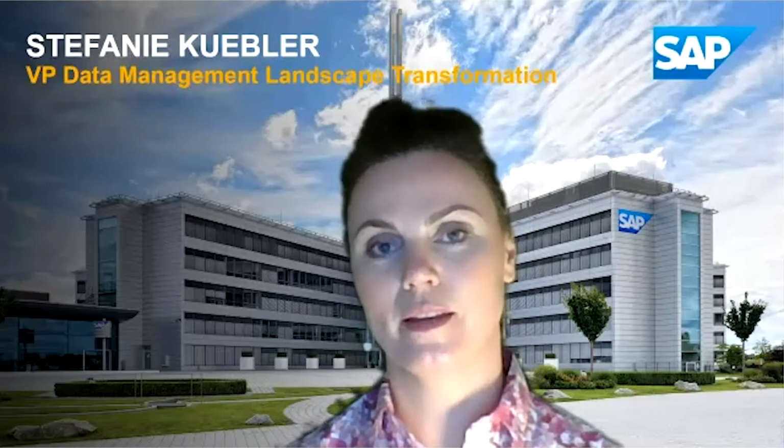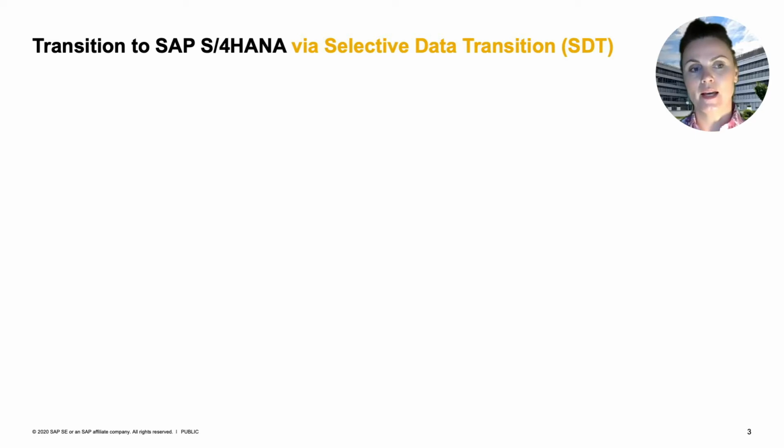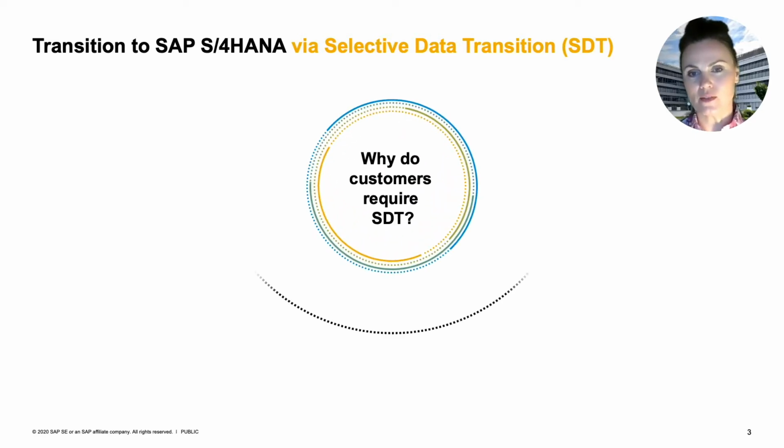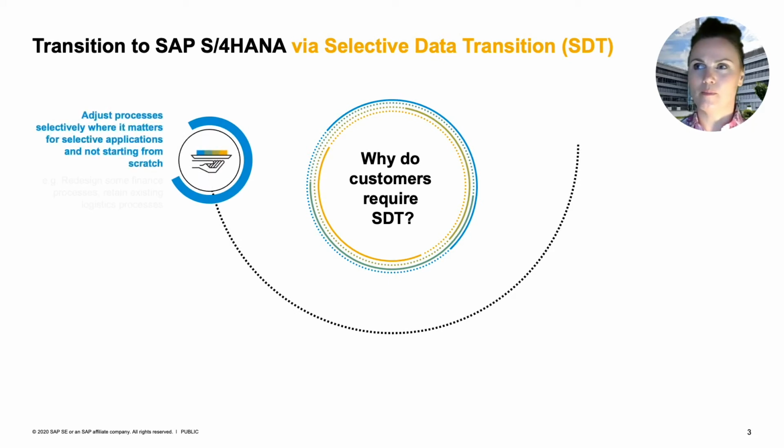And we see here some major reasons why customers choose a selective data transition when they approach SAP S/4HANA. To give you some examples, some customers want to make use of the innovation, but not get rid of all the investments that they've been making for years in their ECC environment.